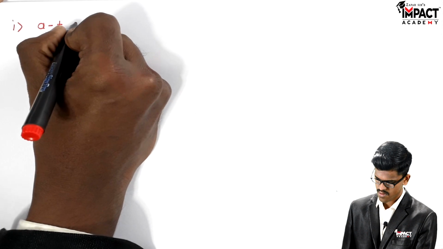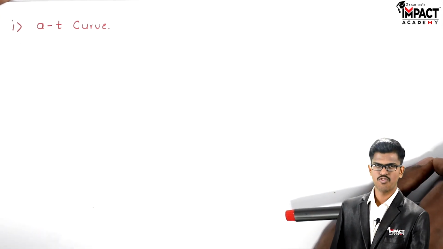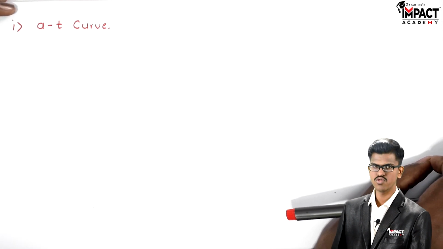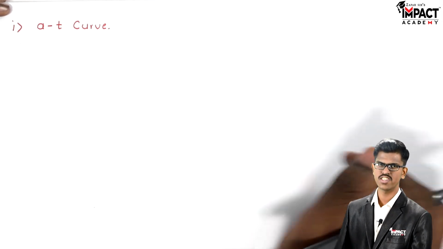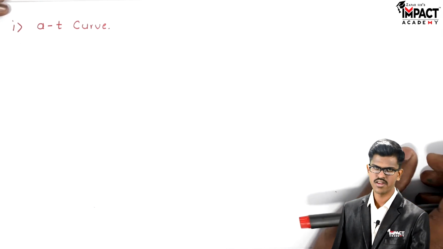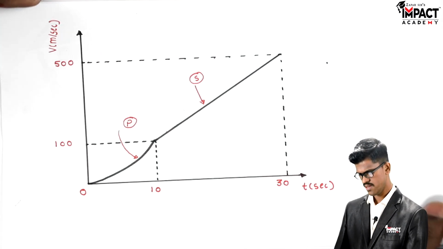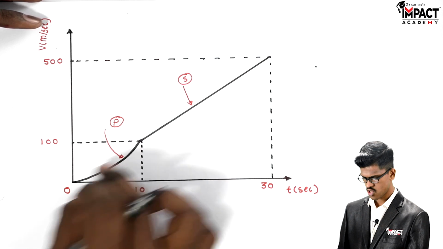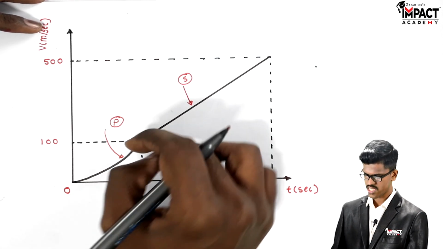Acceleration time. For the acceleration time curve, we just have to find the slope of that curve. For the slope, we just differentiate the equation and we get the slope. Here, we have to find the slope of this curve, and it is not a straight line.